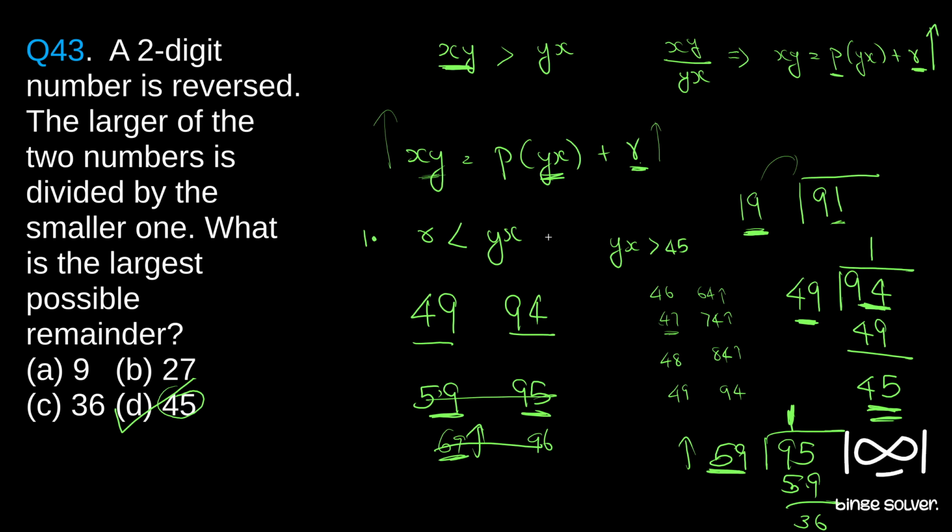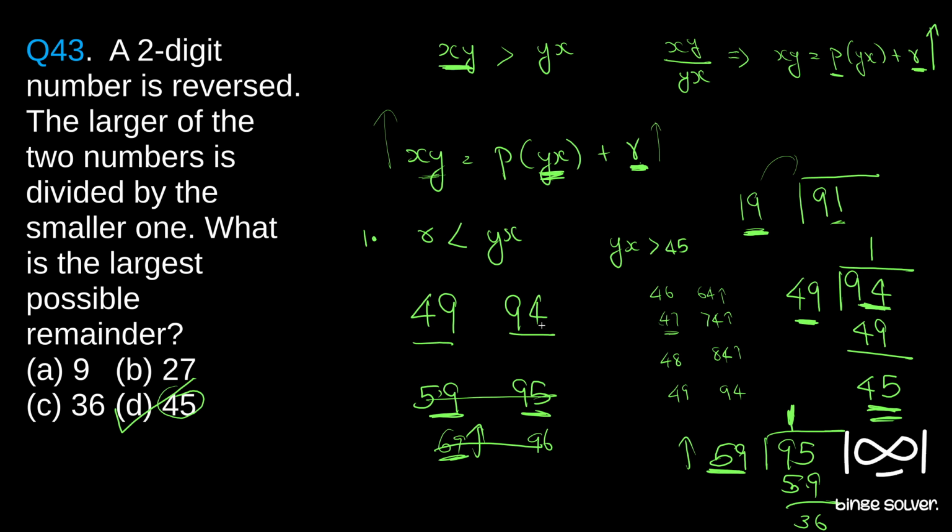If you haven't seen such a question before the exam, it will confuse you, and the only thing you can do is check the options and think whether that option can be an answer. If 45 is the remainder, that means yx has to be greater than 45. There are only a few options to check, and we will soon find that 45 can indeed be the remainder for 49 and 94.